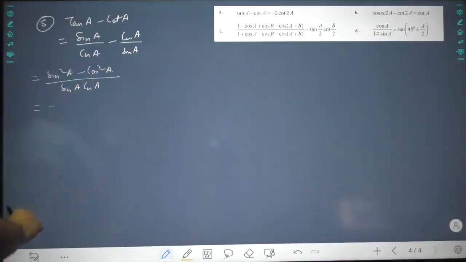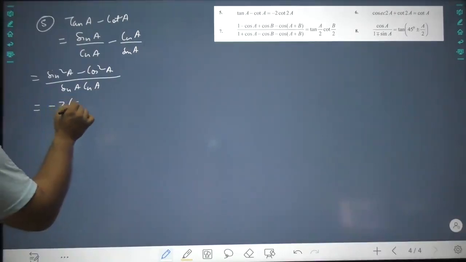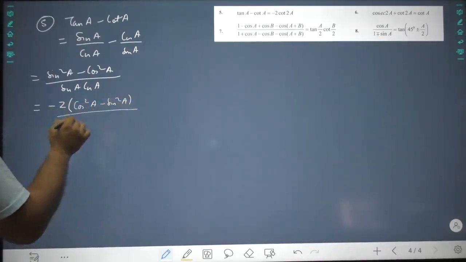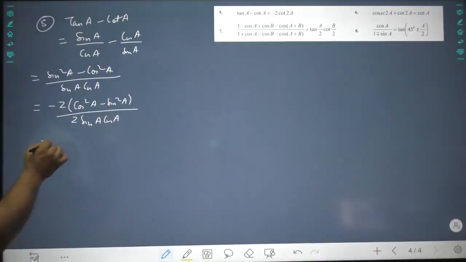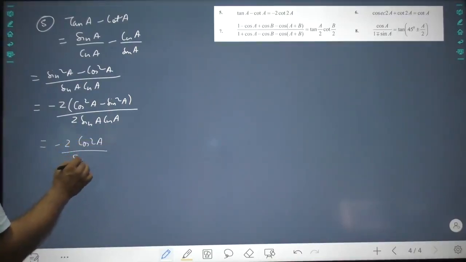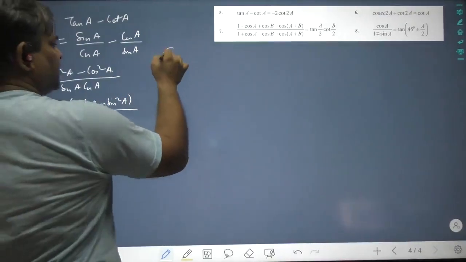Take the minus sign common and multiply above and below by 2. When you take the minus sign common, it comes out to be cos square a minus sin square a, and in the denominator you have 2 sin a cos a. So minus 2 into cos 2a whole upon sin 2a. Oh my God, minus 2 cot 2a. Very good.